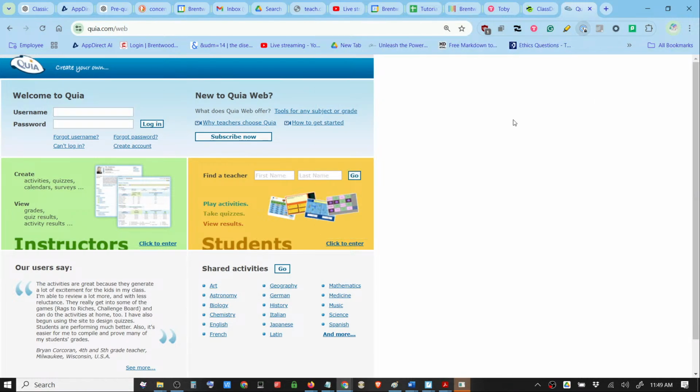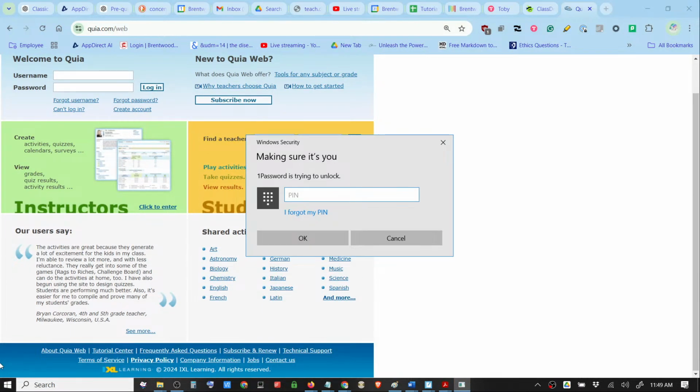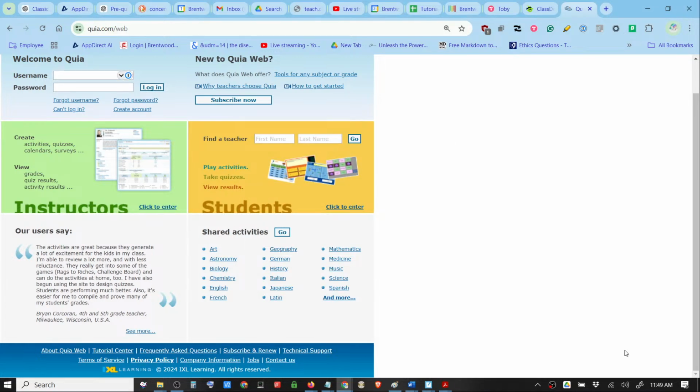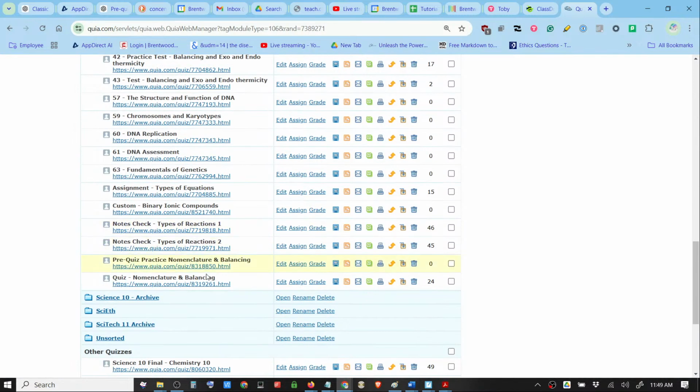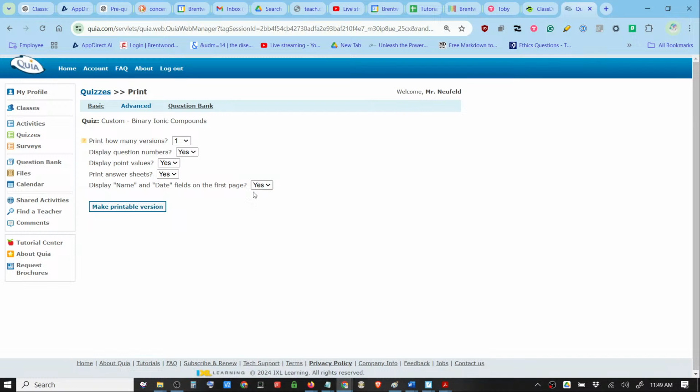One password is trying to unlock. Stop that. I keep all my passwords there. I think I know Mr. Newton's password. It turns out I was watching several people type in their passwords, and I have the same password as so many people. What's your password? Make provision, dot, dot, dot.